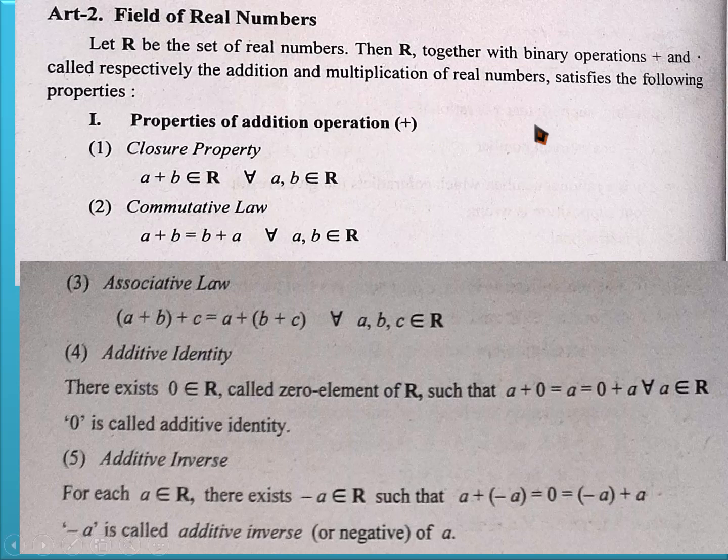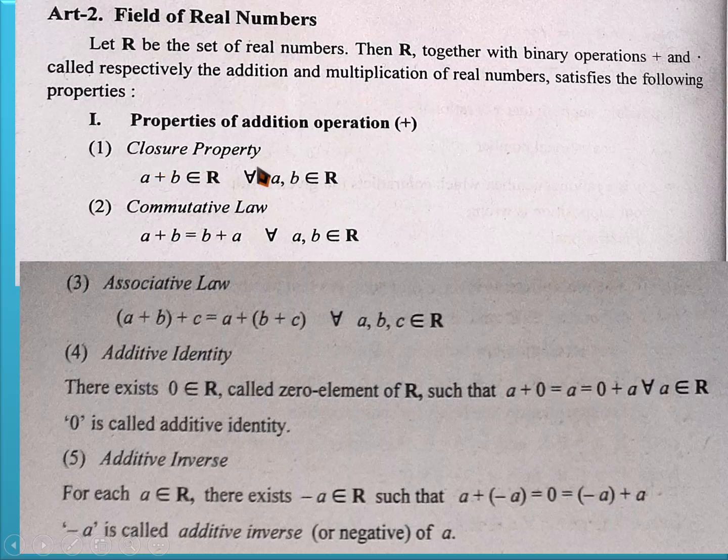Okay, so today our lecture is field of real numbers. In this topic, we discuss properties of real numbers under the operations addition and multiplication. First, we will take the operation addition. Now here is the first property under addition.